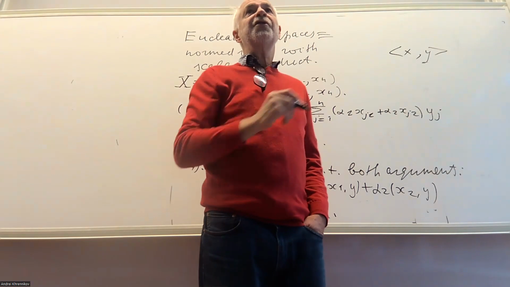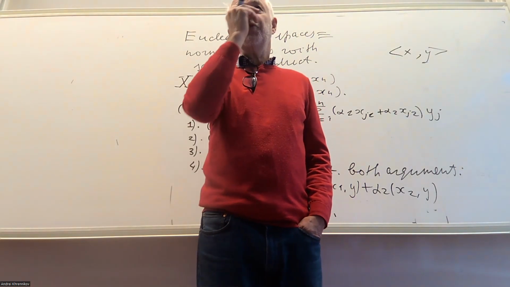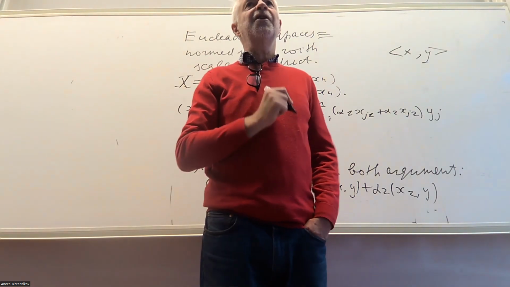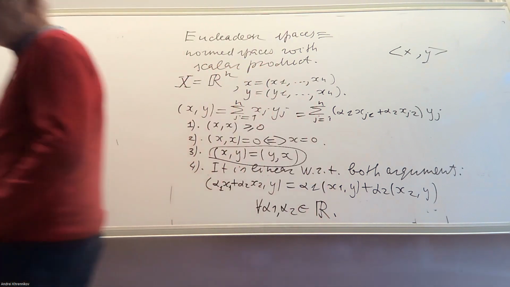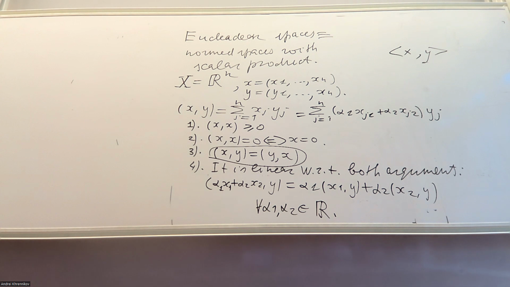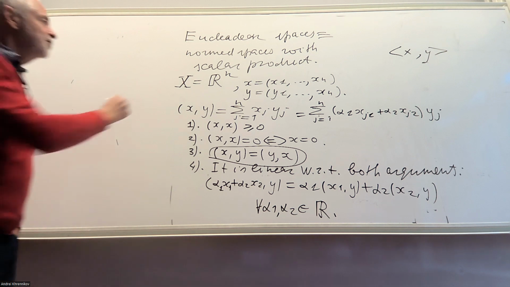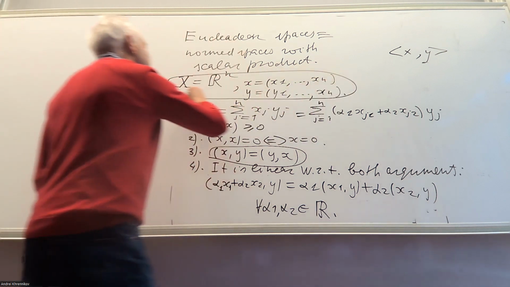We reserve this for the complex case because we shall consider even complex scalar product, and it's a bit different from real. So practically the same with one or two differences.